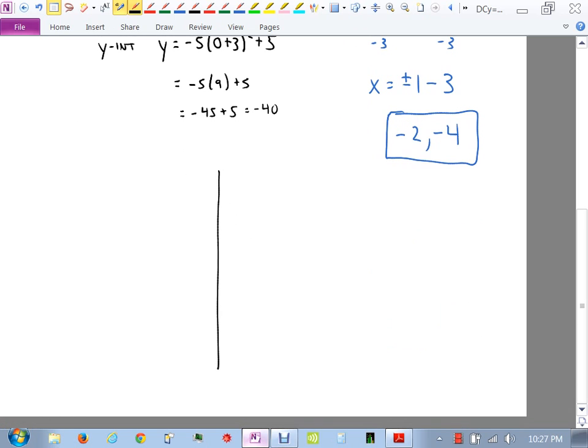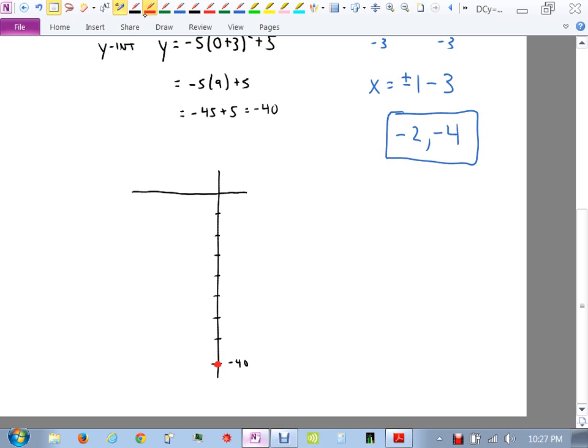Let's see. Because I'm going to have to count down negative 40, I'm going to count by 5 here. 5, 10, 15, 20, 25, 30, 35, 40. That's negative 40. That's my y-intercept. I may as well put it there now.